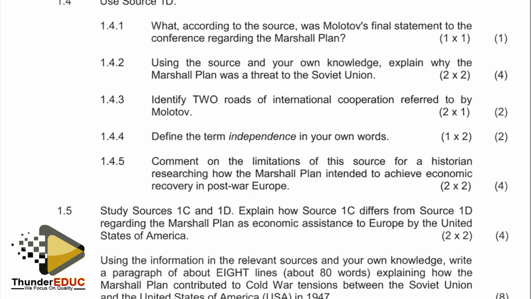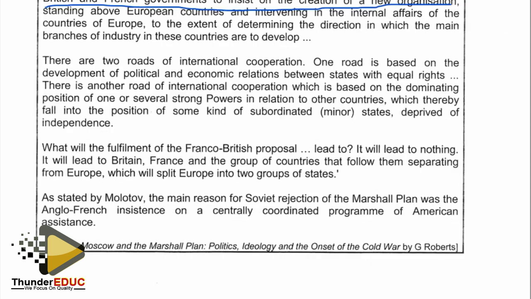Right, we go to number 1.4.3. Identify two roads of international cooperation referred to by Molotov. We just go to the extract and check the two roads indicated there. One road is based on the development of political and economic relations between states with equal rights.